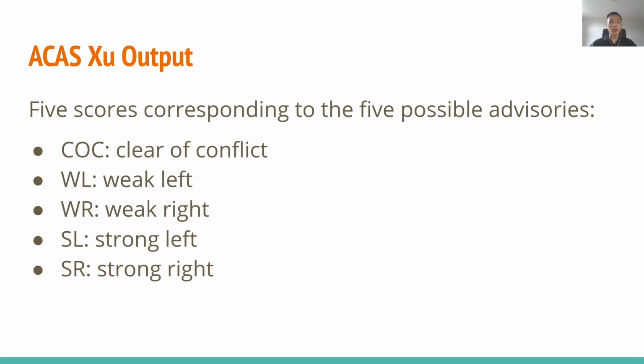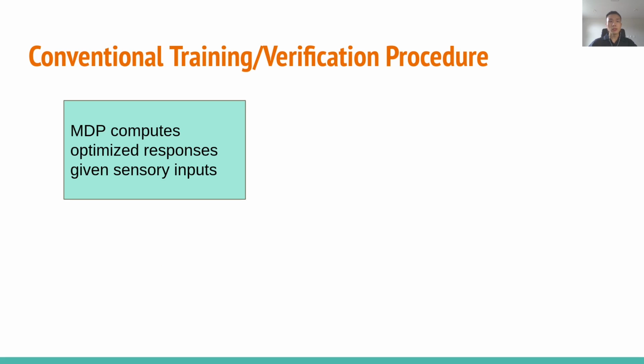The system provides 5 output scores for these 5 possible actions. A higher score means a lower probability of collision if we take the corresponding action. Traditionally, we can use the Markov decision process to model the process and use dynamic programming to compute the optimized responses given the sensory inputs.